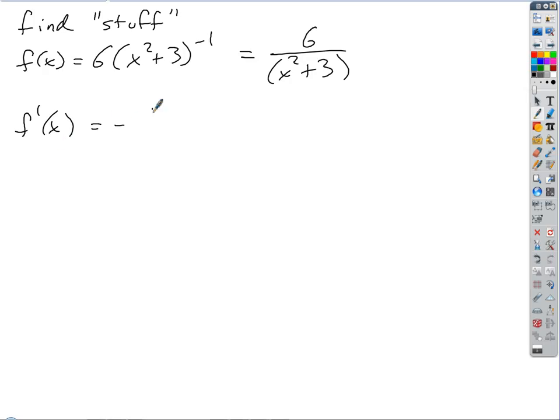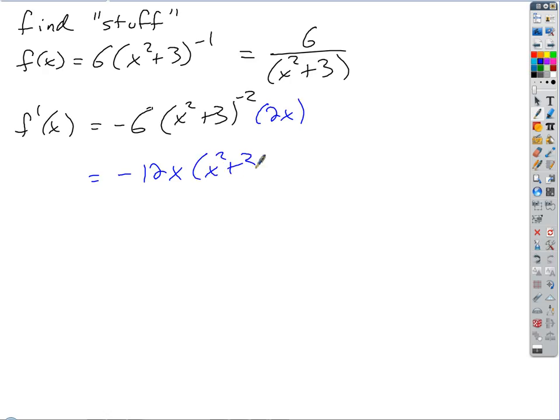So that's going to give us -6 times x squared plus 3 to the -2, but we're not done. Times 2x. So that equals -12x times x squared plus 3 to the -2, right?